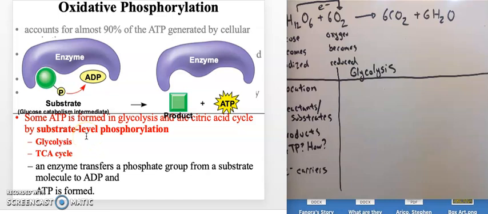Now your textbook goes into the details of what the substrates are, and the name of the enzyme that catalyzes the passage of the phosphate group from the substrate to ADP to form ATP. You don't need to know all of those details for this class, but I do want you to know which steps produce ATP by substrate level phosphorylation versus oxidative phosphorylation. And for glycolysis, we're going to use substrate level phosphorylation.